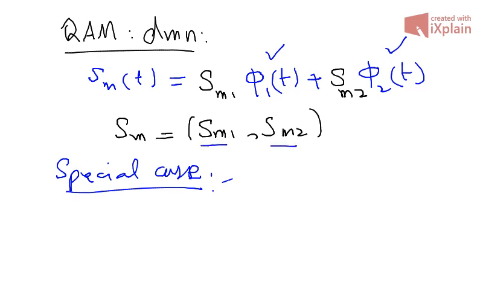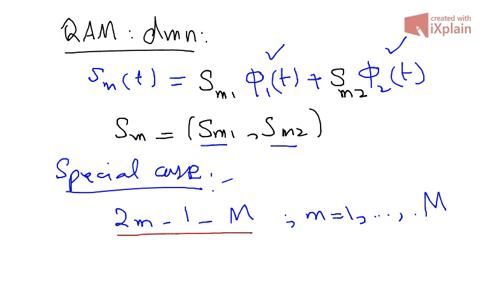Suppose this Sm1 and Sm2 take the discrete values given by 2m minus 1 minus M, where m is 1 up to capital M. If you recall your pulse amplitude modulated signal, we had taken these amplitude levels.